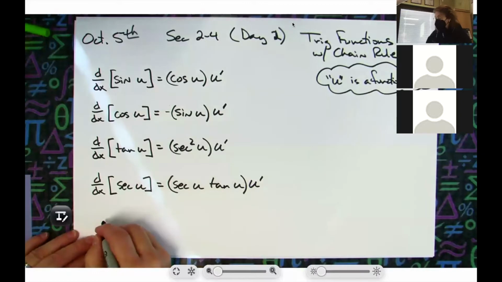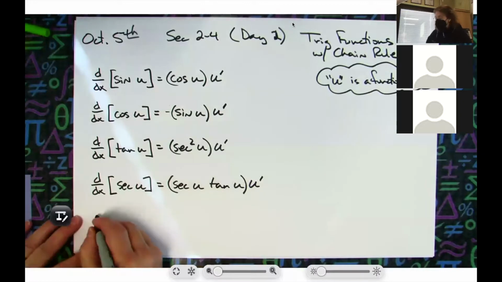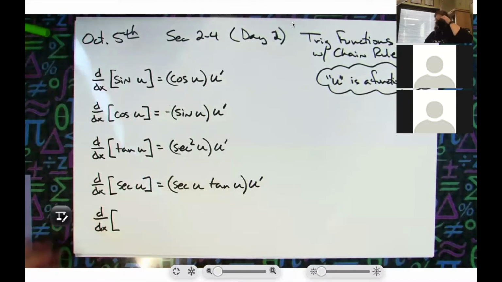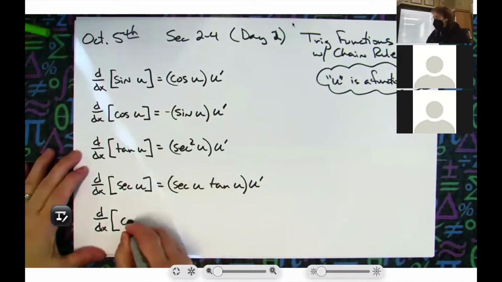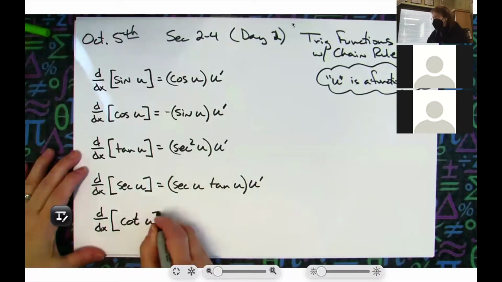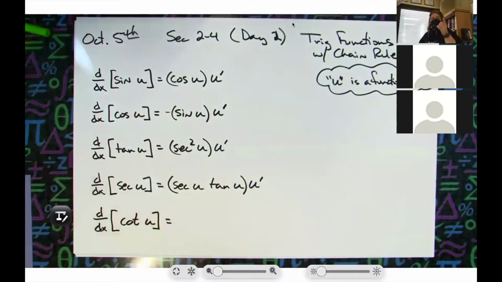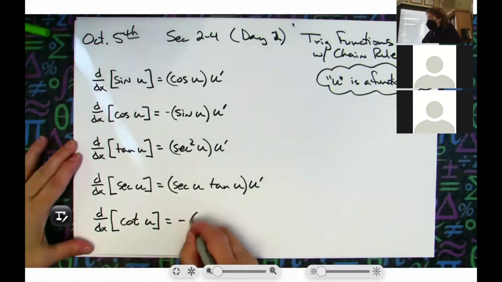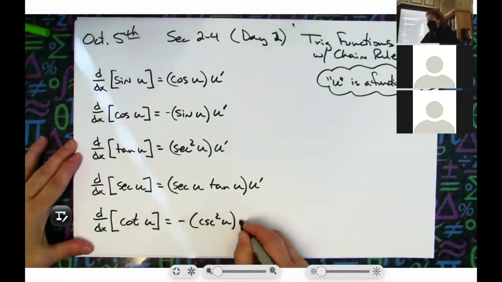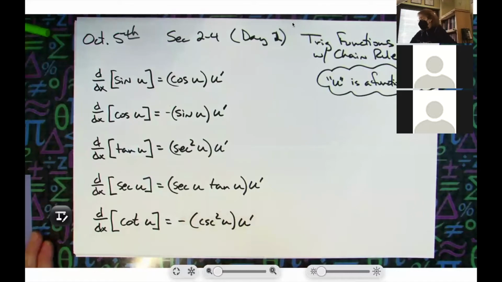Okay, and then we've got 3 more. I'll put 1 more down here on the bottom and then go to the next column, d dx. Actually, we don't have that many left. We need cotangent and cosecant. So cotangent u. And what else was it, the cosecant squared? Negative. So negative cosecant squared u times the chain. Okay, last one because I'm running out of room.